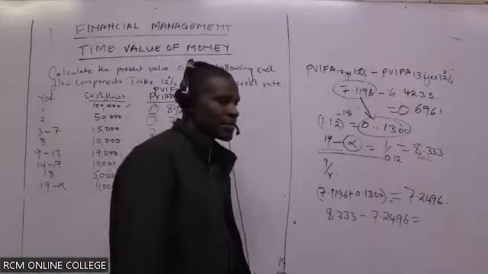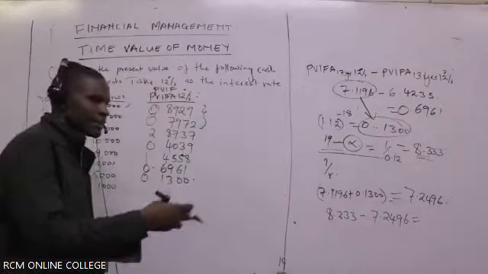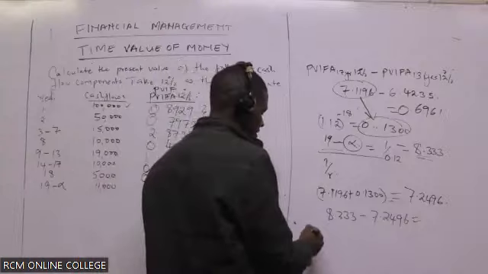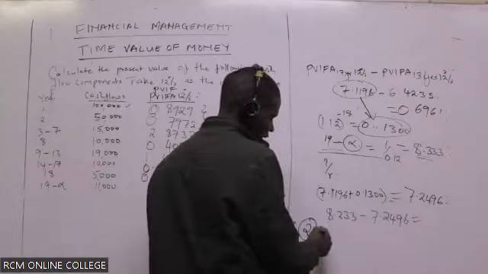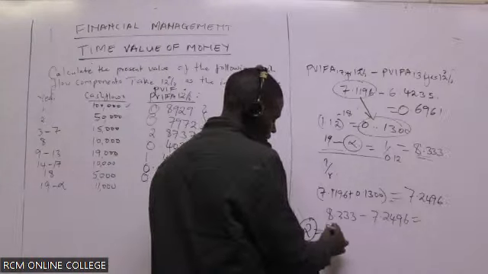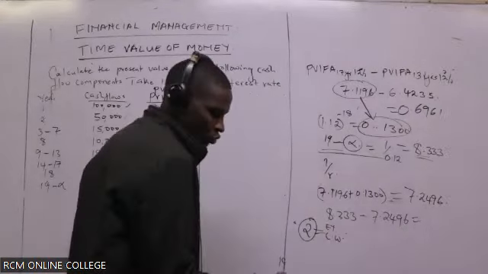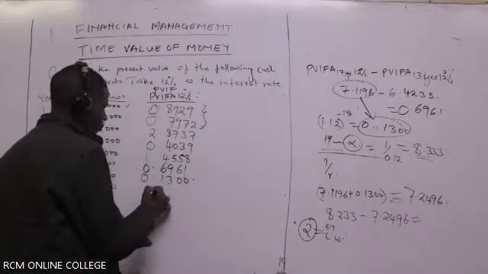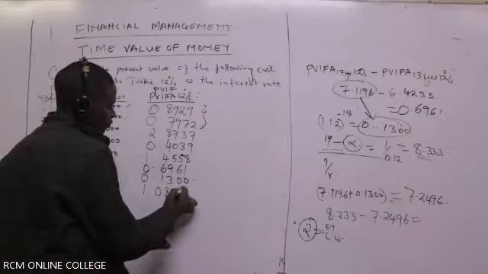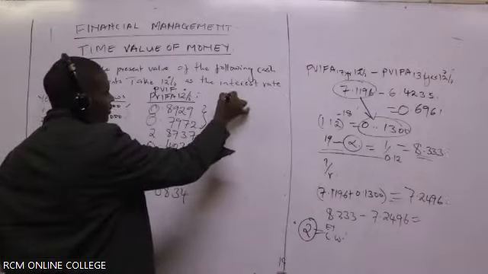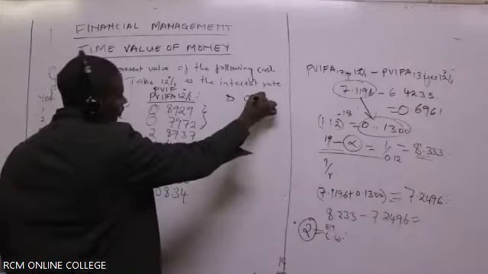As simple as that. And this I want you to practice. We said you should have two books, one for exercise and another for classwork. 1.0834. Please now, can you go and get us the discounted cash flow?